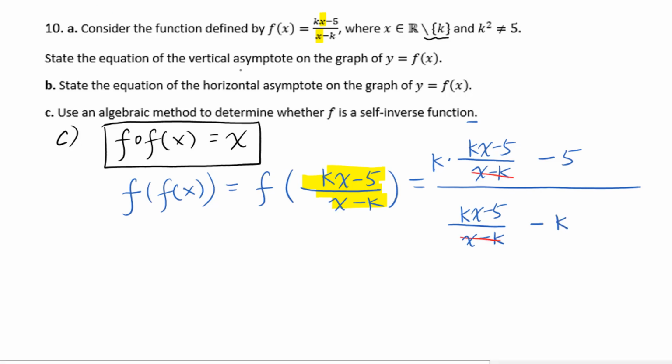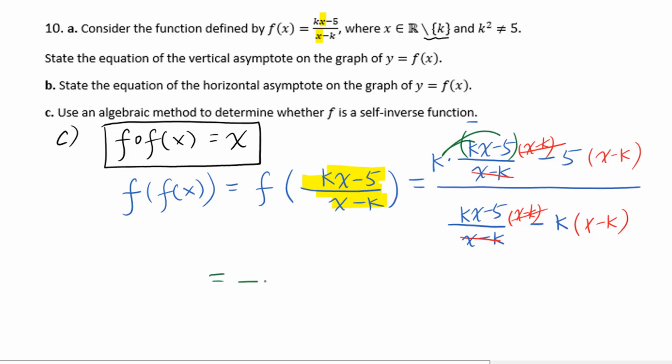First step, we need to get rid of this denominator. So we multiply x minus k for every single term. Therefore, this is a distributive property.